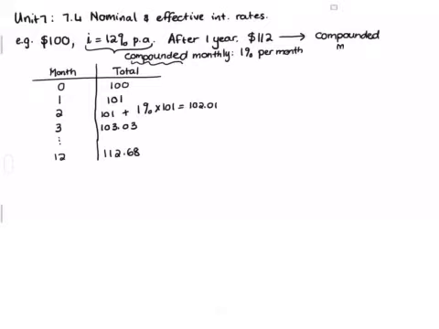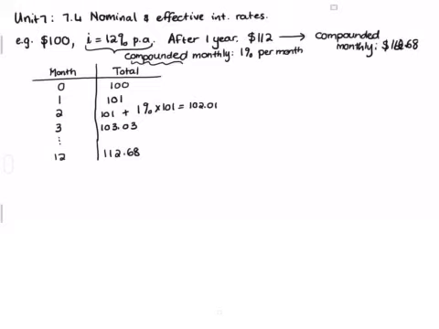So if you compare when it's compounded monthly, let's just write this, 112.68. They still quote 12% per annum, but they say compounded monthly.